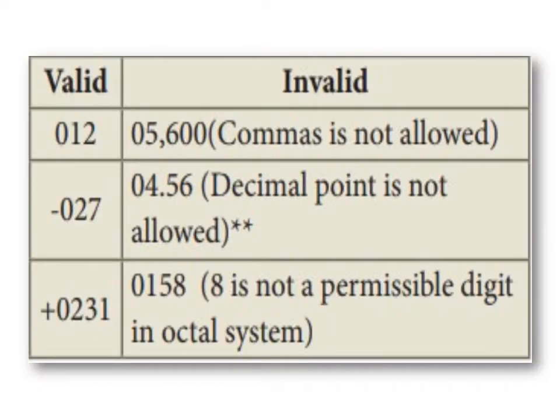These are the valid and invalid ones. As said before, we cannot use commas, and a decimal point is not allowed, even though the compiler would only ignore the fraction part, it's not allowed in integer constants. The next one is invalid because it is not a permissible digit in the octal system.